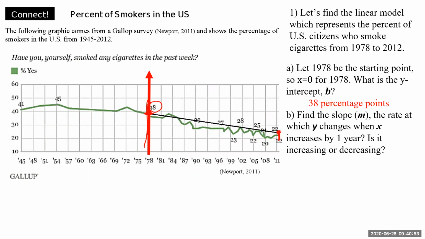Now we want to find the slope. To find the slope, we can pick any pair of coordinates over here and use that to estimate. So what we did here was to choose 1978, and the corresponding value of y is 38, and then we chose 2012 and the corresponding value was 22, right?